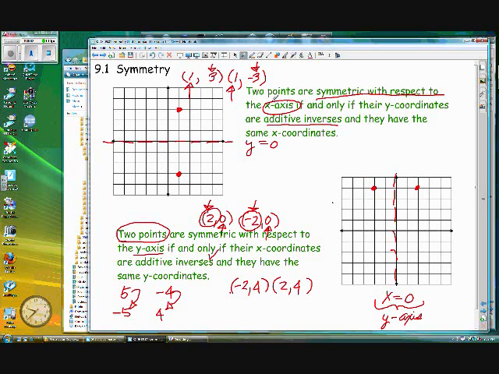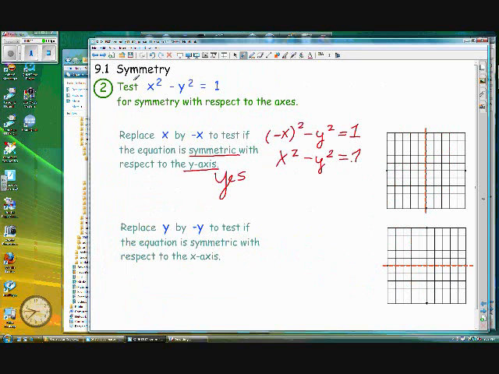Symmetry with respect to the x-axis was y and negative y. That can be confusing. Let's try it. x squared minus, and now we're going to replace this with a negative y. We square it, and we look to see whether or not we're going to get the same equation. When we square a negative, we get a positive.